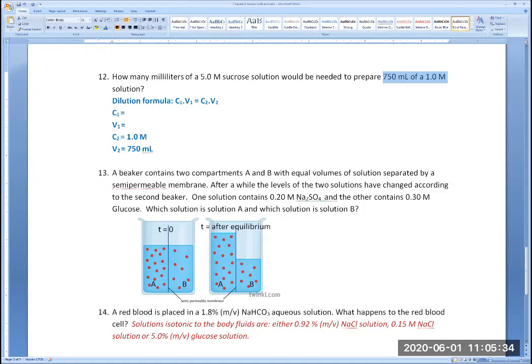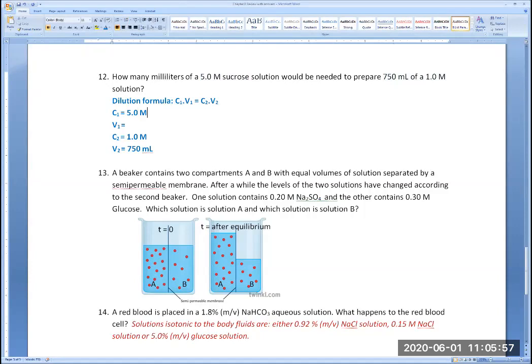And you can see 5 molar is more concentrated than the 1 molar. So that's the solution you start with. You always start with the more concentrated solution. And when you're diluting, you are making it less concentrated. You're adding a volume of solvent, and this decreases the concentration.